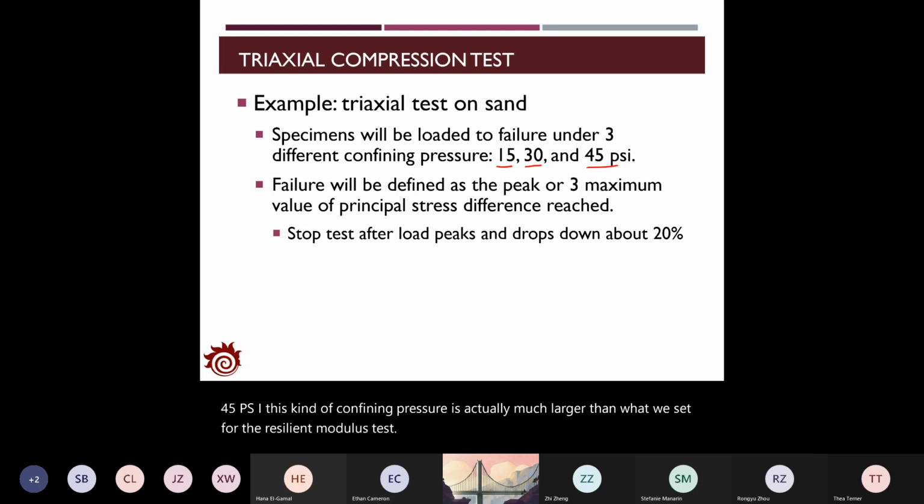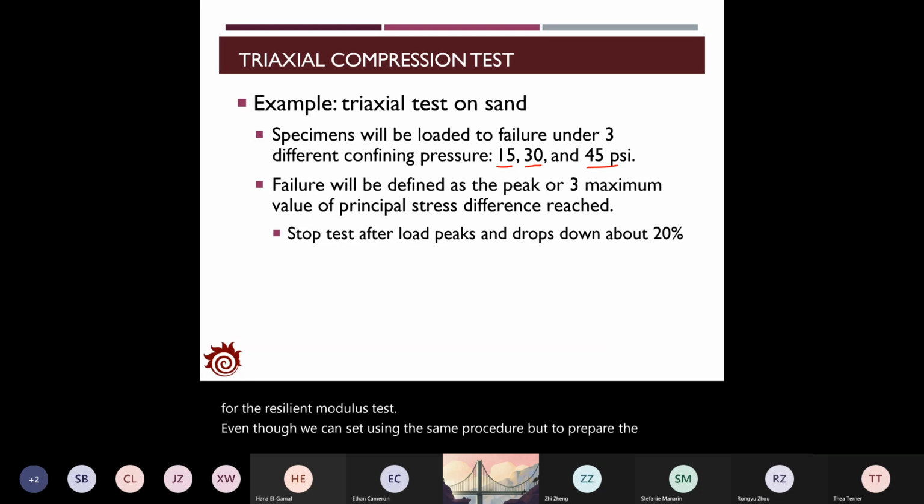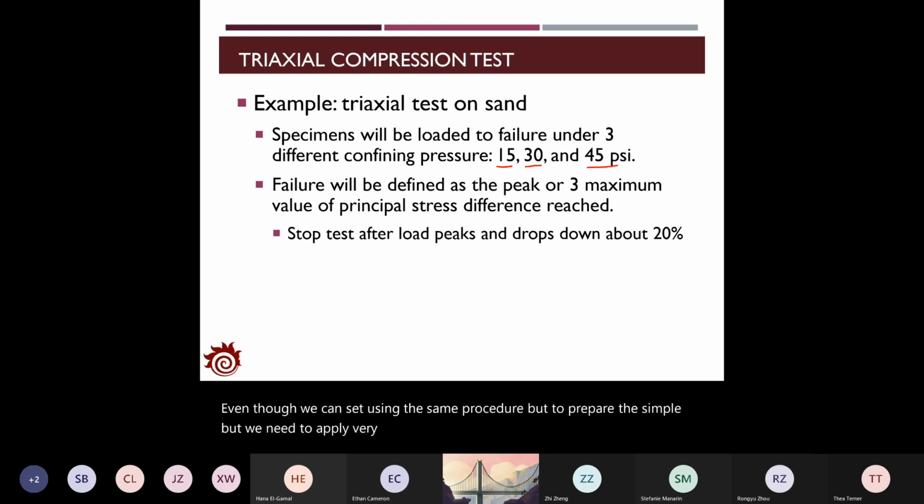Even though we can use the same procedure to prepare the sample, we need to apply very large confining pressure to the sample. And the failure is defined as the maximum value of the principal stress difference, which would be the deviator stress. We will stop the test after the load peaks and then drops down to about 20%.